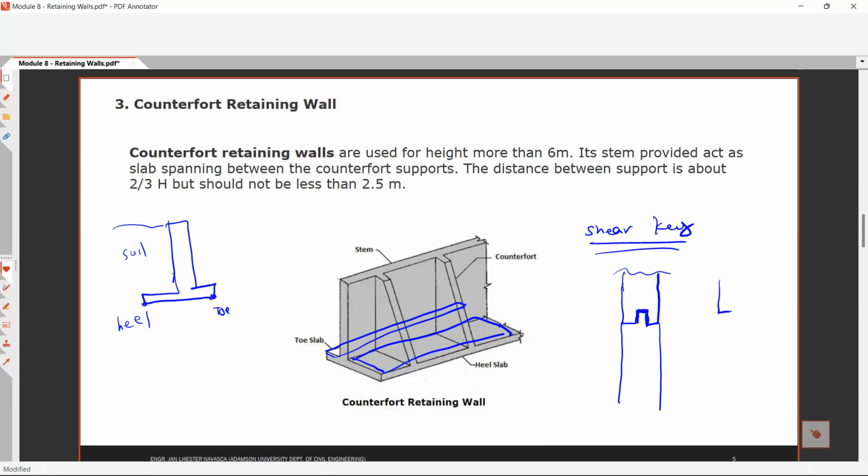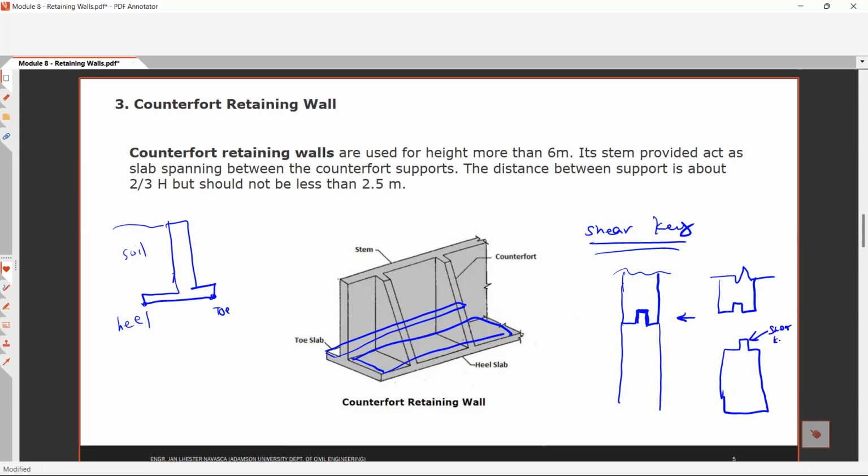Okay, so parang ito yung isang surface, ito yung isang material, then ito yung isa. Kaya may shear key yan, kapag tumulak ka dito, hindi mo agad yan matatanggal. Okay, dahil meron silang shear key. This one is yung shear key.